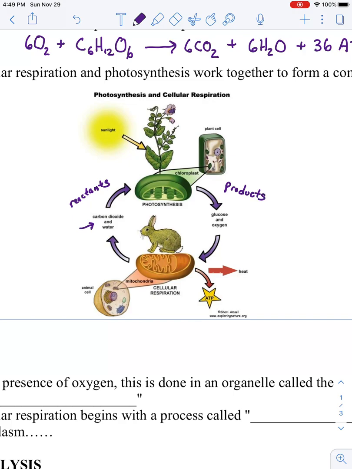In turn, glucose and oxygen are the reactants for cellular respiration, yielding carbon dioxide and water as the products. So respiration and photosynthesis make their own energy cycle.